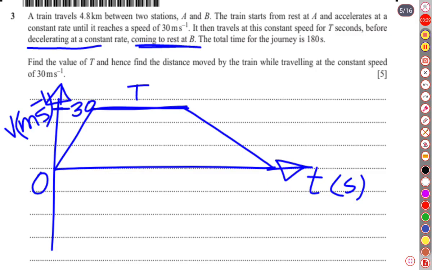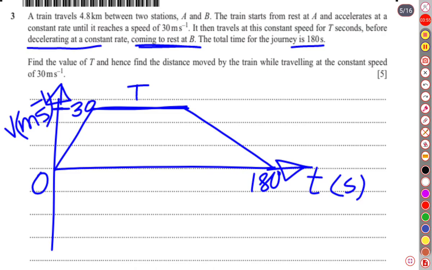That is the time when the train was traveling at a constant speed. And the total time taken by the journey is 180 seconds. This is 180. Now, first of all, we should know what this t is standing for.